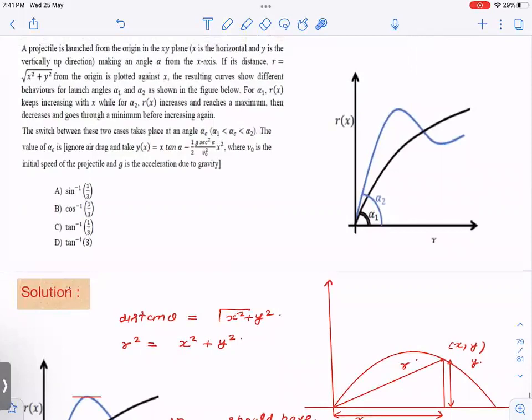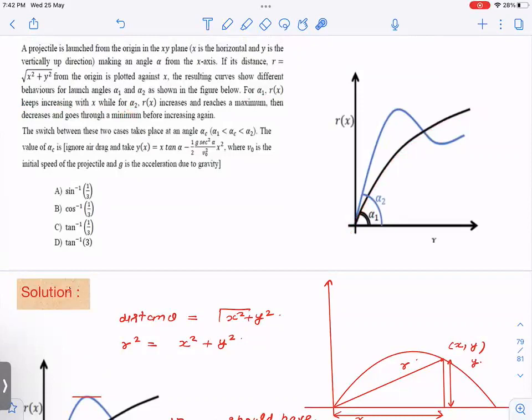The resulting curve shows different behaviors for two launch angles, alpha 1 and alpha 2. Actually, these angles are not alpha 1 and alpha 2, but they have marked it that way. Now the important information here is that for alpha 1, R keeps increasing, this black graph.